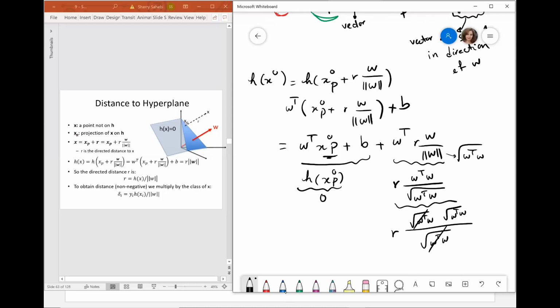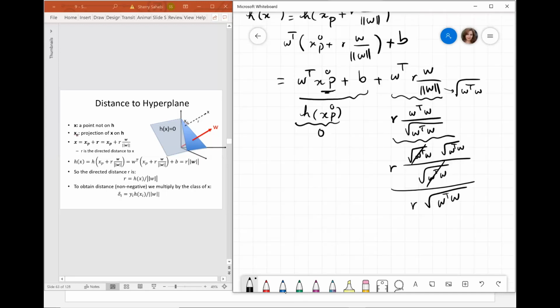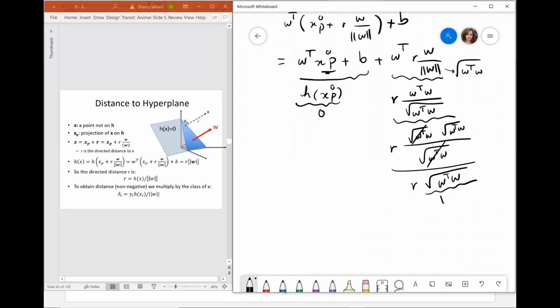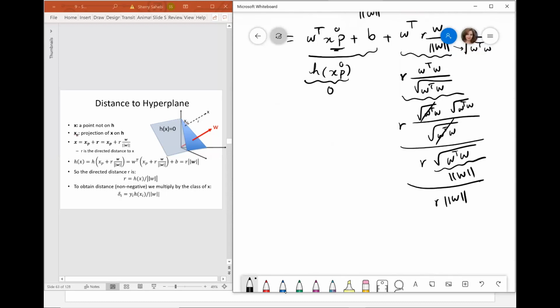So these two will be canceling each other. So we are going to have r multiplied by square root of w transpose w, which is basically norm of w. So this is going to be equal to r norm of w. So eventually, what do we have? We have h of x0 is equal to, the first part is 0, the second part is r norm of w.